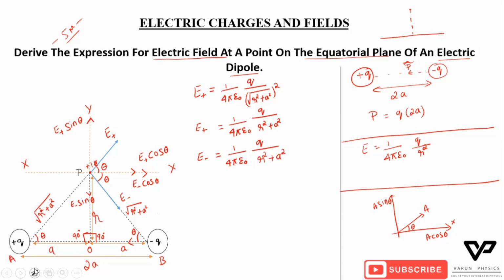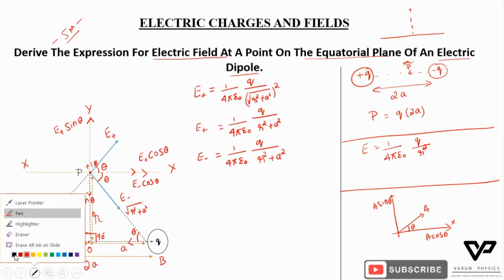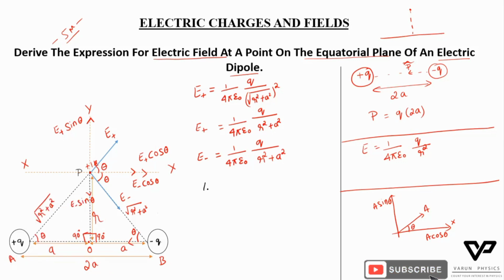So from this, it is clear that E plus is equal to E minus. Therefore, I can also say that E plus sine theta is equal to E minus sine theta.